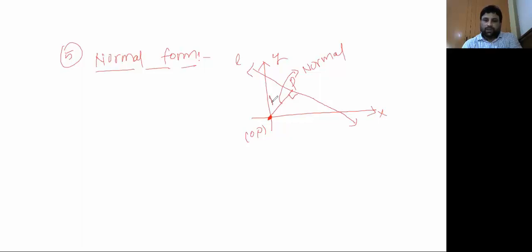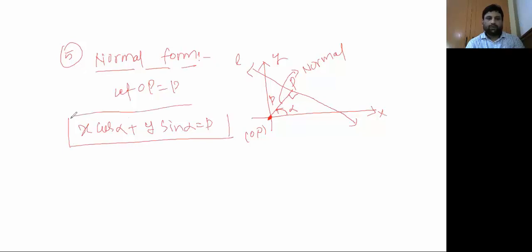Suppose this distance is small p, and this OP, this normal, makes alpha angle with the positive direction of the x-axis. So the equation of line in the normal form will become x cos alpha plus y sin alpha is equal to p.